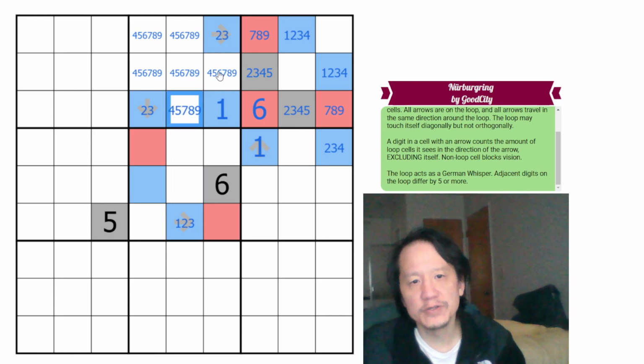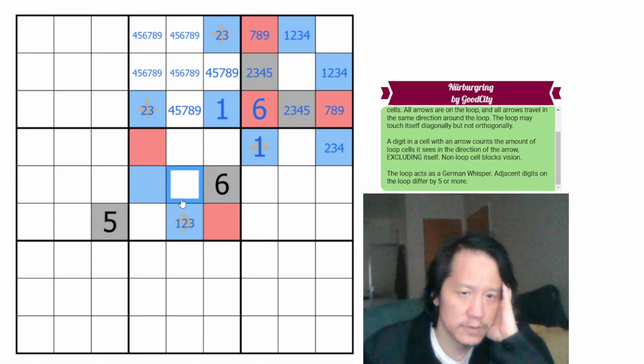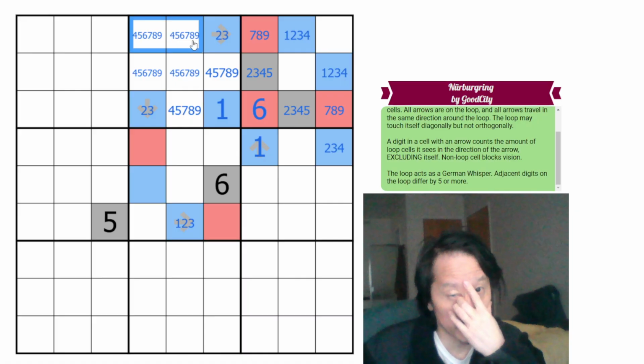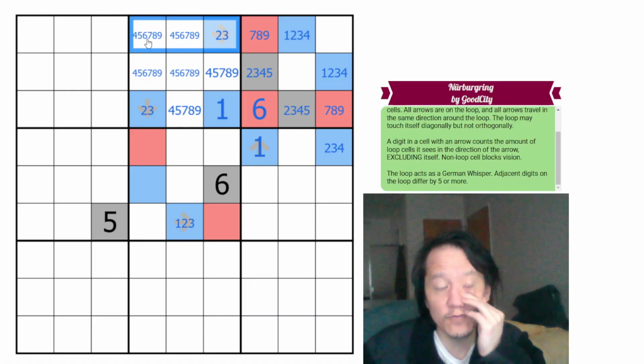This obviously can't be 6. This can't be 6. Say we tried to connect this way. That doesn't work, right? Because if we try connecting this way, you have to have a low here.